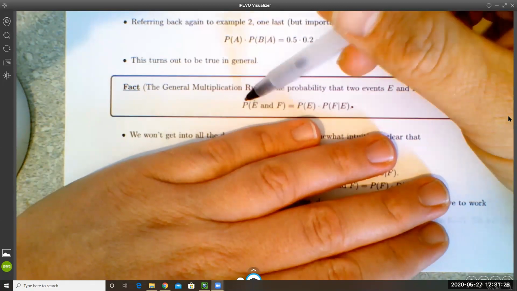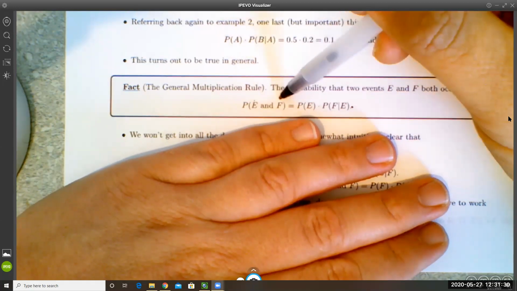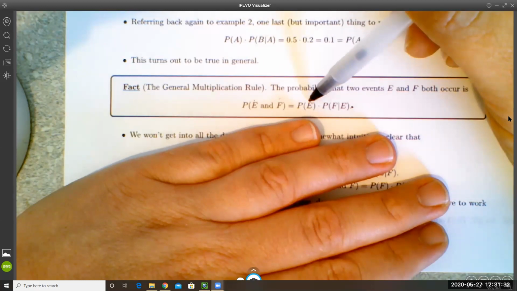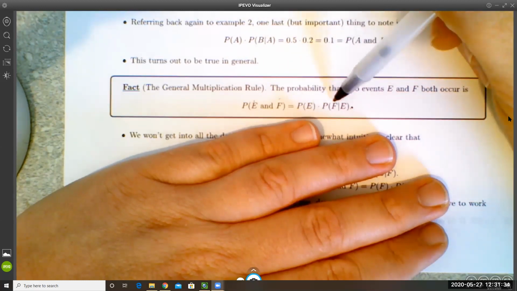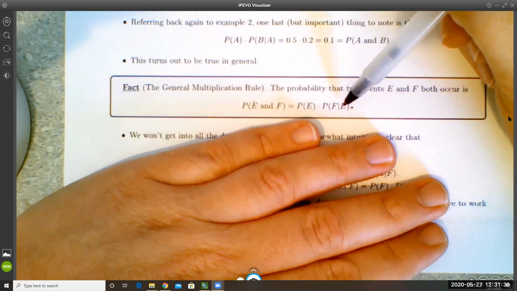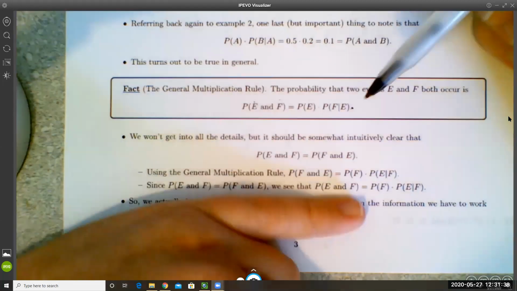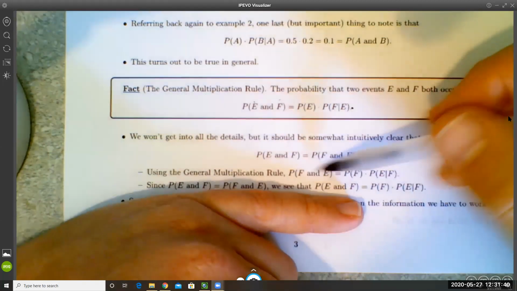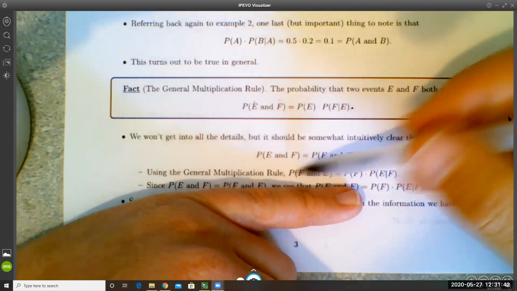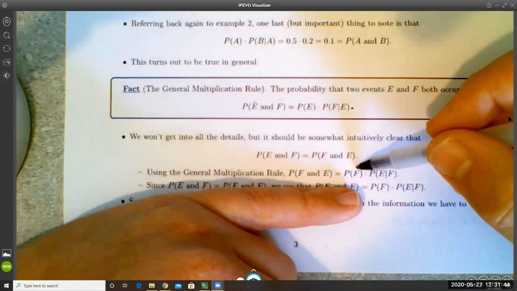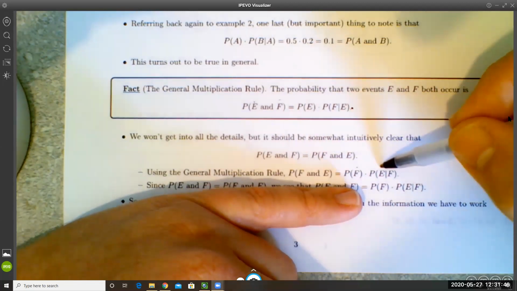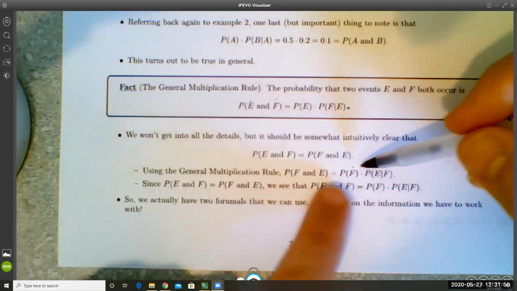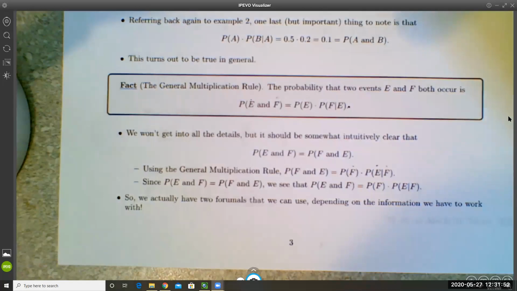Probability of first and second is probability of first times probability of second given first. If we rearrange the letters, so now F is the first and E is the second, probability of F and E is probability of the first times the probability of the second given the first. So probability of F and E is probability of F times probability of E given F.